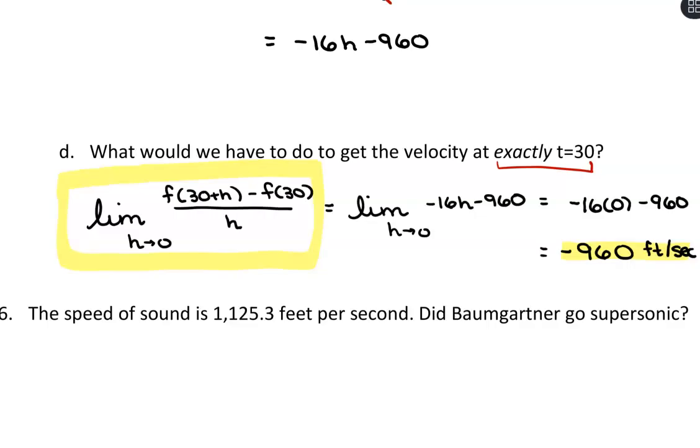Could be happening elsewhere on this graph. As we saw, things got faster to the right of t equals 30, but at exactly 30 seconds, 960 is too small to be breaking that speed of sound. So all of this to say, we're headed towards evaluating these limits of the difference quotient at points in our function.